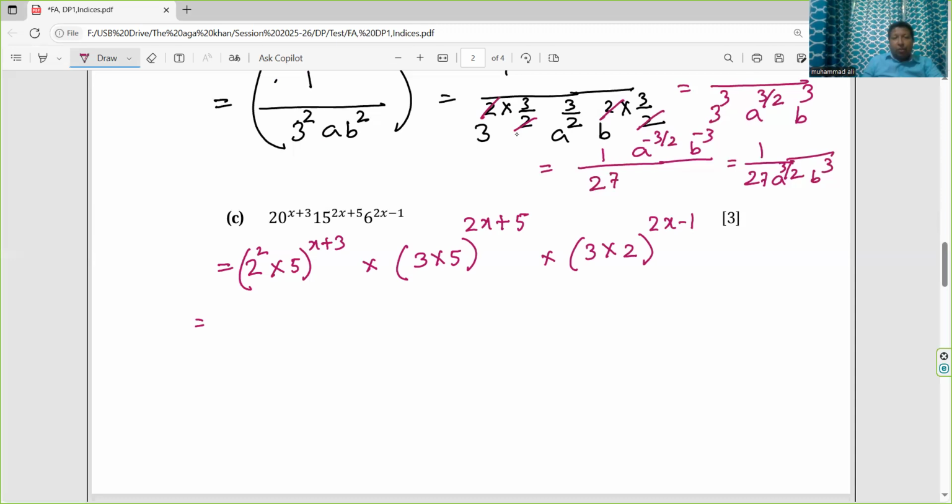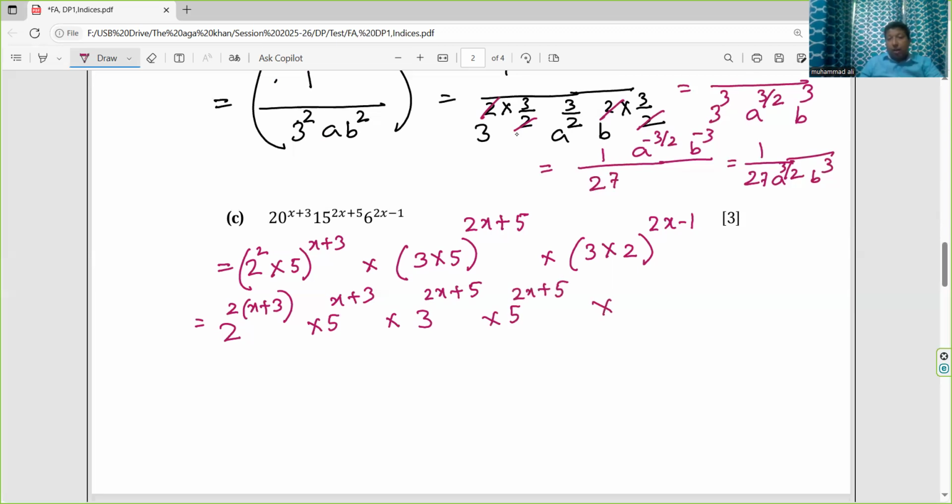So we can split it. 2 to the power 2 multiply x plus 3, multiply 5 to the power x plus 3, multiply 3 to the power 2x plus 5, multiply 5 to the power 2x plus 5, multiply 3 to the power 2x minus 1, multiply 2 to the power 2x minus 1.